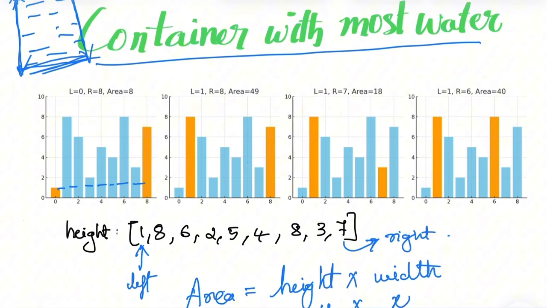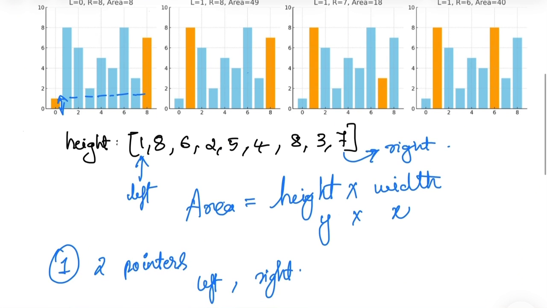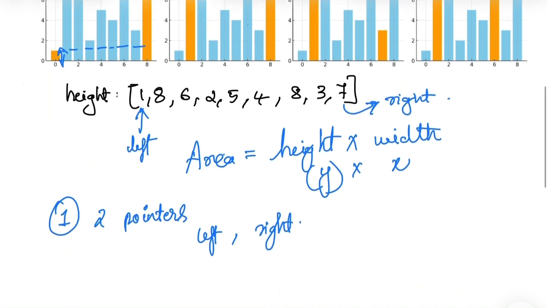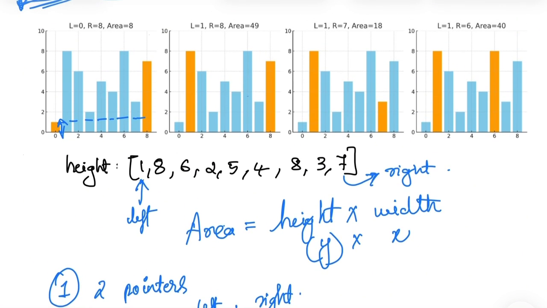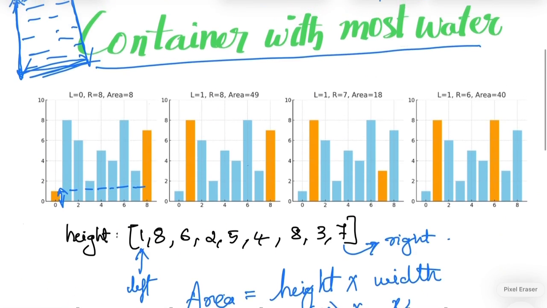Why will this be the height? This is because the shortest line determines the height, because the water is not supposed to be slanted, or overflowing.